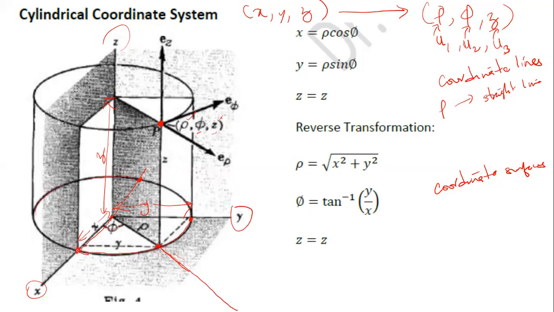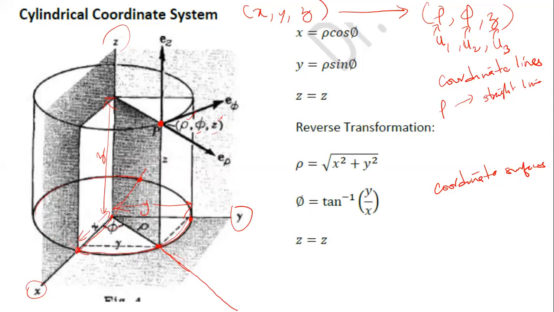So I hope you can picture that once you fix rho and z value and vary phi value only, you will move from this point to this point and this point, and you will arrive at this point, and then when the phi value increases up to 360, you will again arrive at the original point.